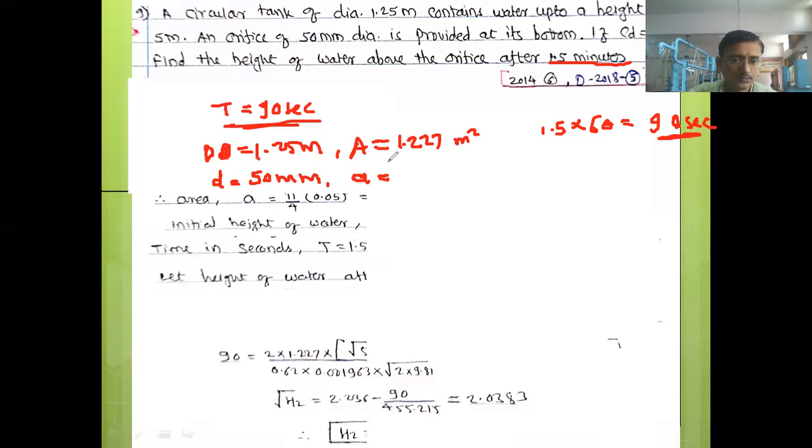How much, Shubham? It is 1 point something, no? A is pi by 4 into D square. It is coming 1.227.